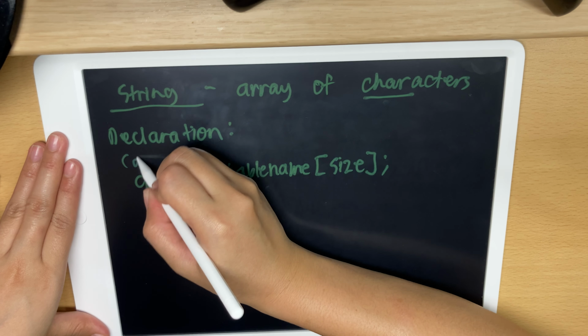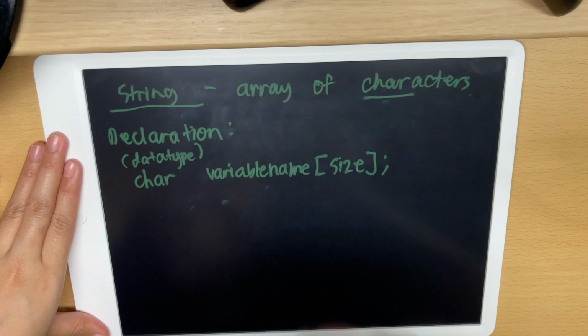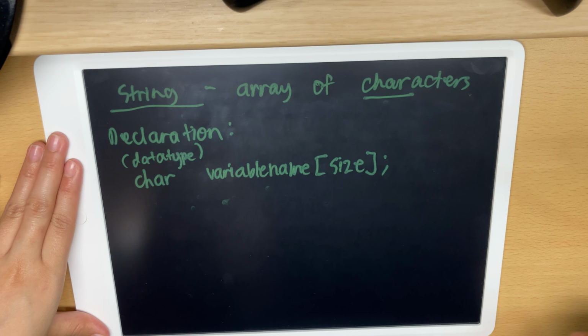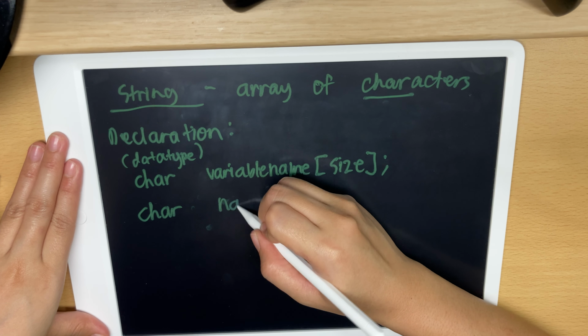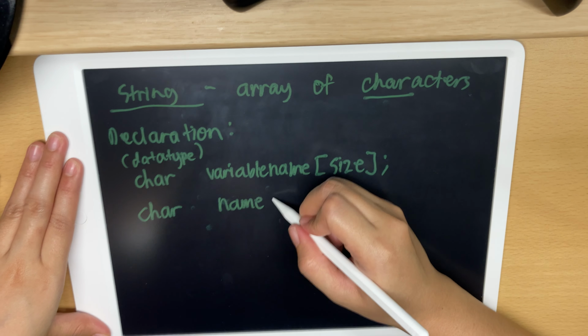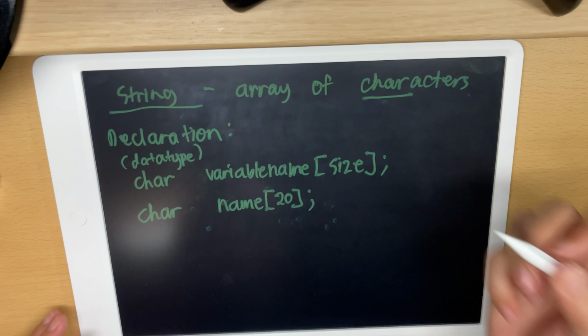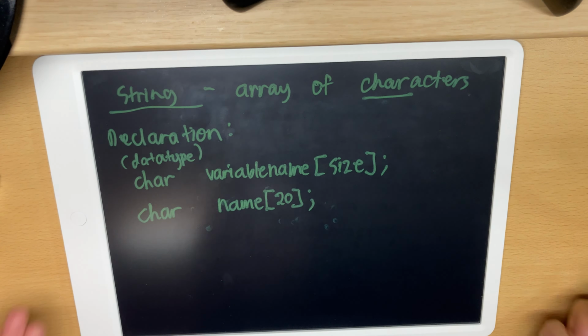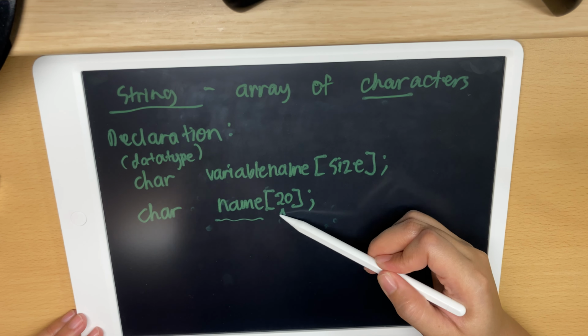This is the data type, of course, by default characters. So for example, we have a string name, and the name size would be, say, 20. So we have a string name, and the number of characters we can put in the name is 20.